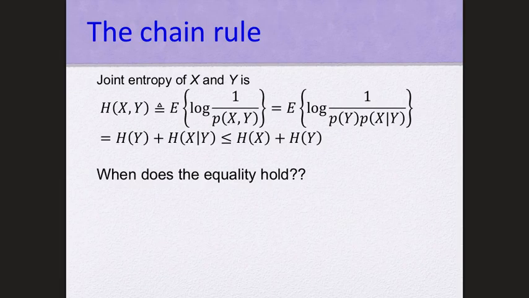So another mathematical tool, a variation of the entropy, but it does not really have that much meaning in terms of a communication system, is something called the joint entropy.